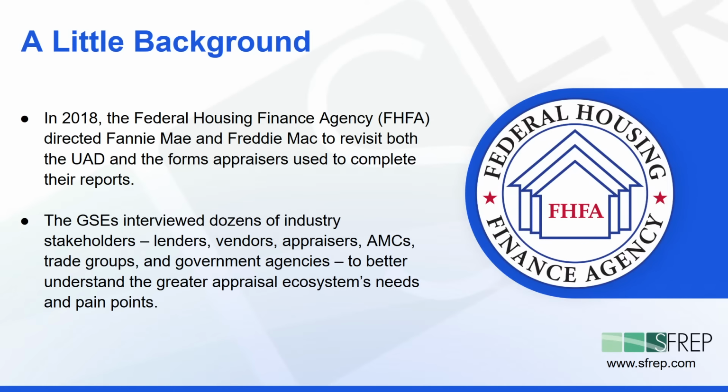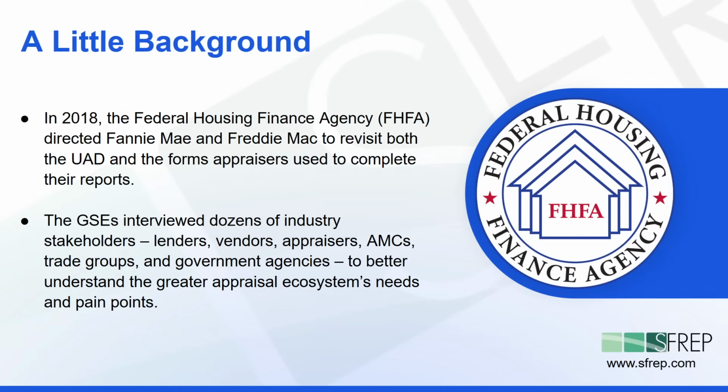So a little background on the UAD 3.6. Way back in 2018, wasn't that long ago, but boy, it feels like it's a long time ago, the Federal Housing Finance Agency directed Fannie and Freddie to revisit both the UAD and the forms appraisers use to complete their reports. Of course, most of you know we've been using these reports since 2005, and prior to that, we had the 1997 forms.